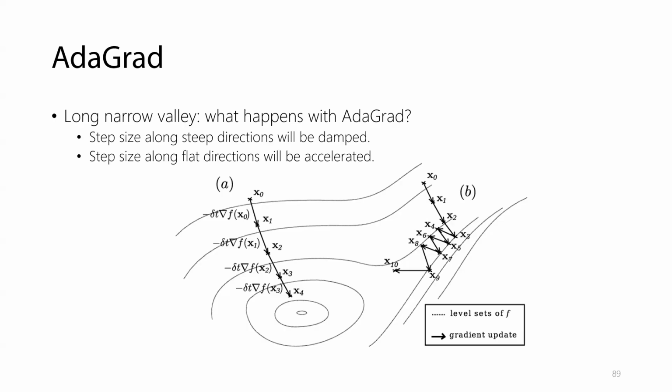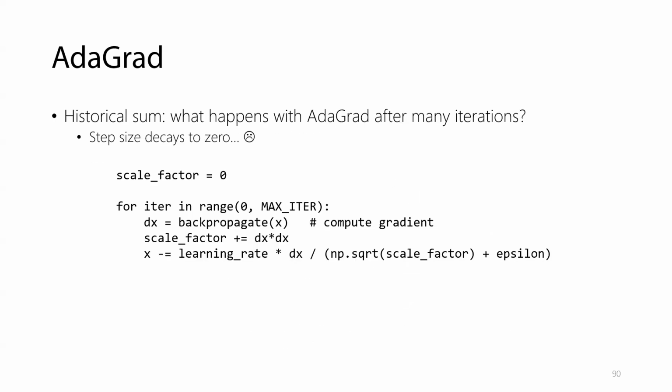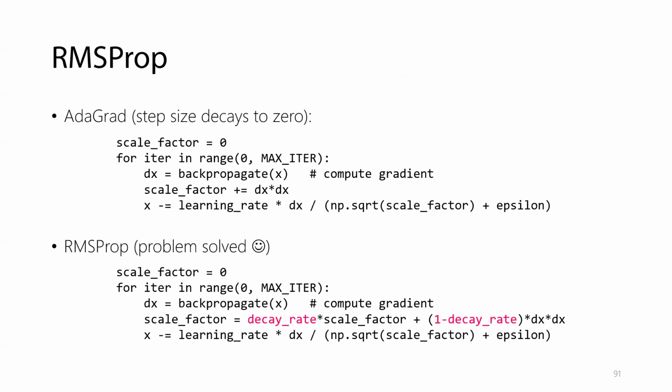But really the idea is to use this element-wise scaling of the gradient, so that you can converge better.